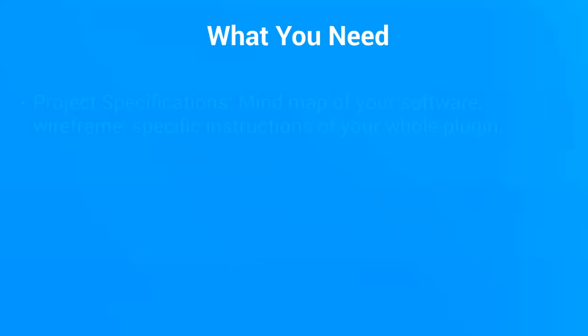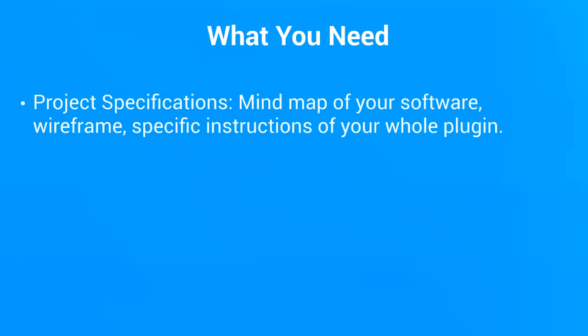All right, so here's what you need. You need project specifications already in hand, meaning you have to have instructions about your whole plugin. You're going to need to mind map your software. You're going to need to have a wireframe which contains user interface and all that information so that you can give that to the programmer.